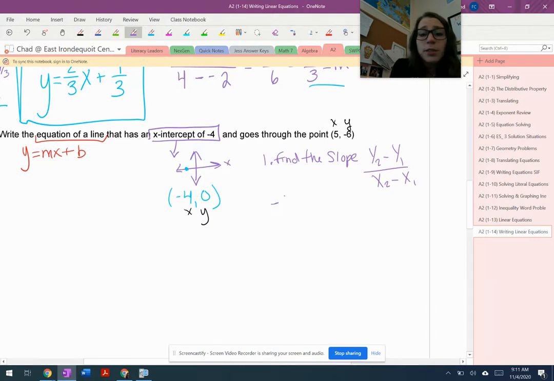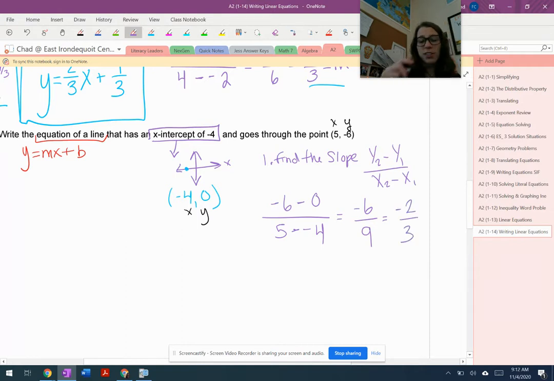So -6 minus 0, remember your y's are on top, and I took -6 first, so 5 minus -4. That leaves me with -6 over 9, which can be reduced to -2/3, because 3 goes into 6 twice and 3 goes into 9 3 times.